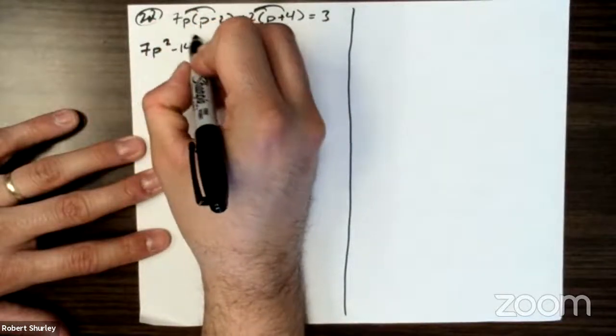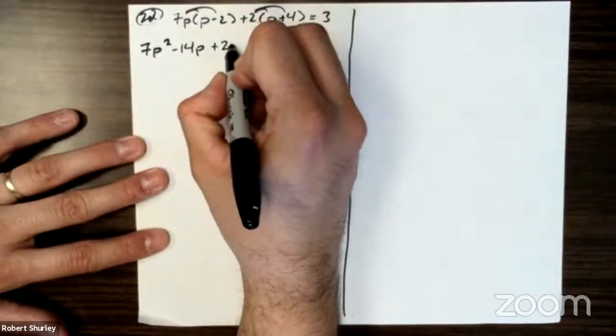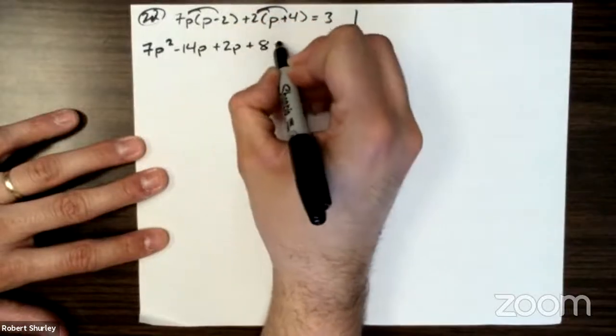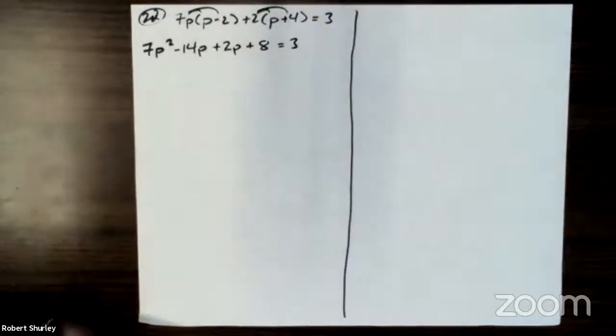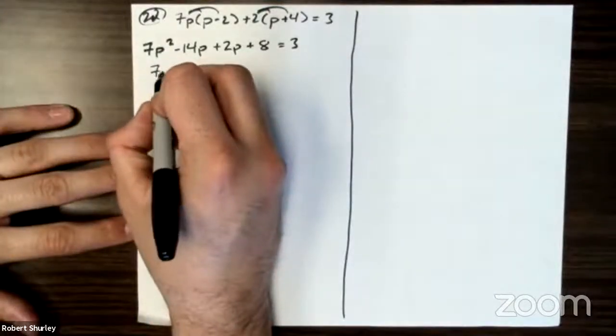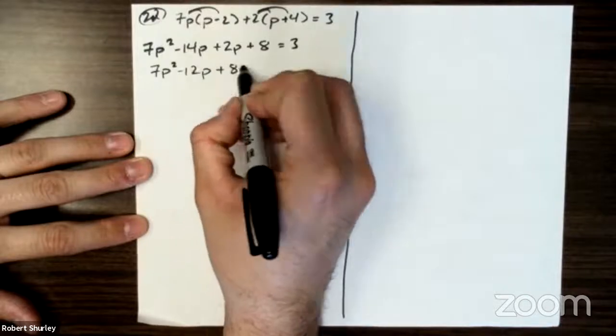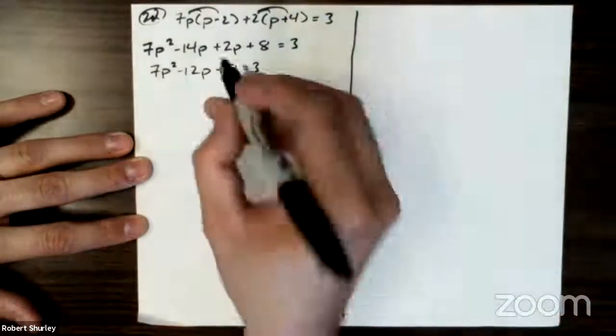So 7p squared minus 14p plus 2p plus 8 equals 3. So we get 7p squared minus 12p plus 8 equals 3.